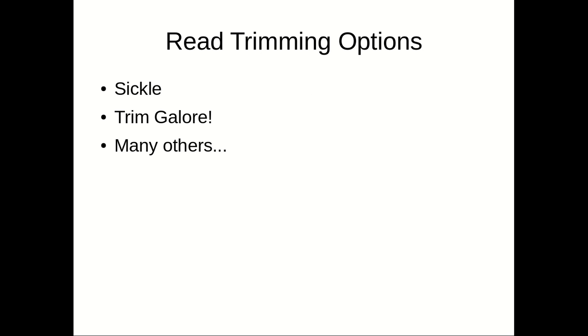And how do we look for these things? We have what are called read trimming quality control programs. There really are a lot of ways to do this, a lot of software. It's also something that can be interesting to implement yourself, but I want to provide some names here so that you know where to look. Sickle and Trim Galore are both good options.